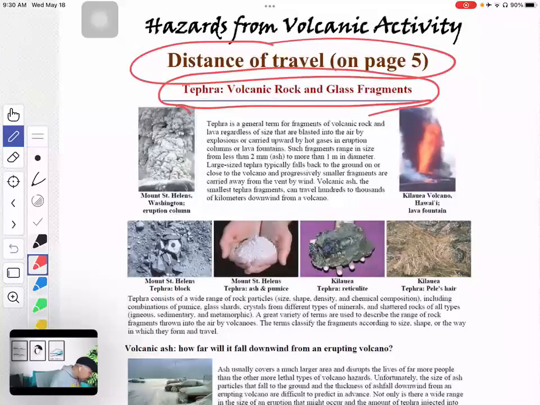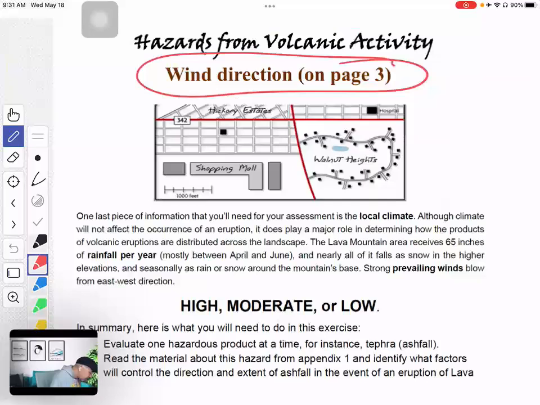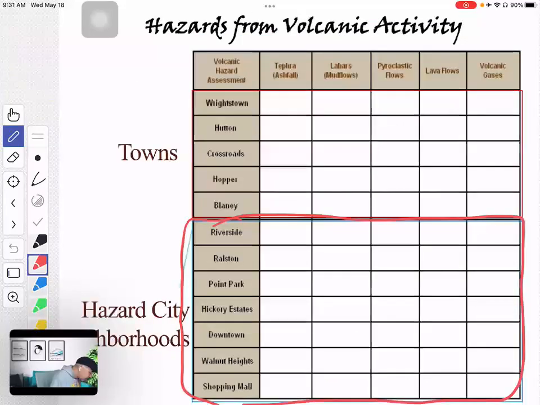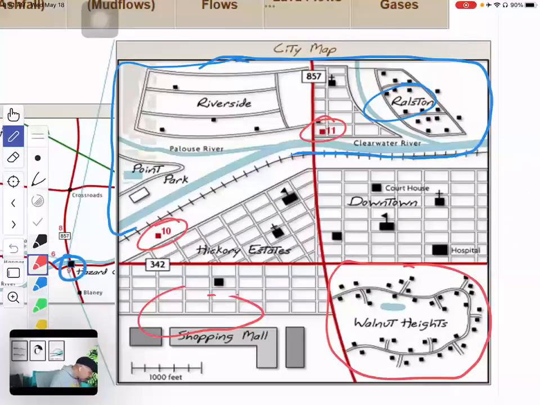And if you find the distance in kilometers, you can just transform it to miles 1-to-1, even though it's not the same thing. 1 mile is about 1.7 kilometers. But for the purpose of this exercise, you can just assume that it is 1-to-1 because the scale in the map is in miles.